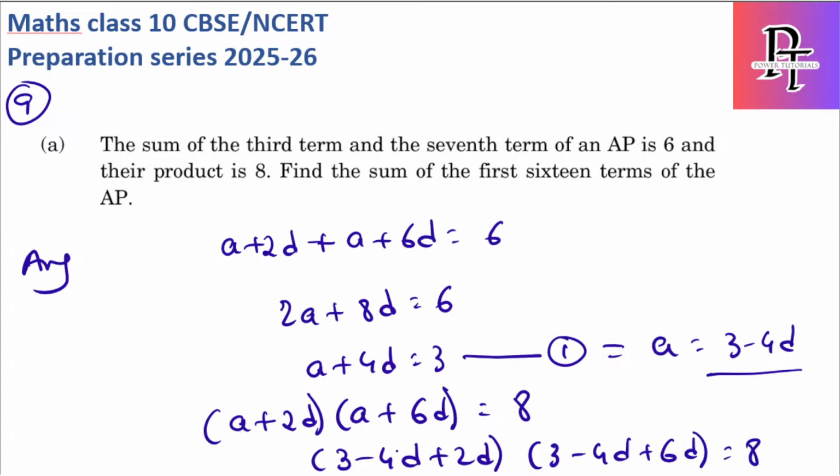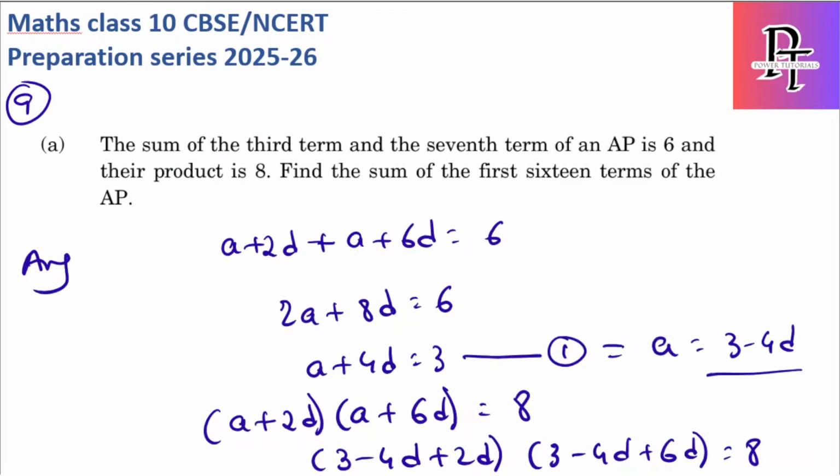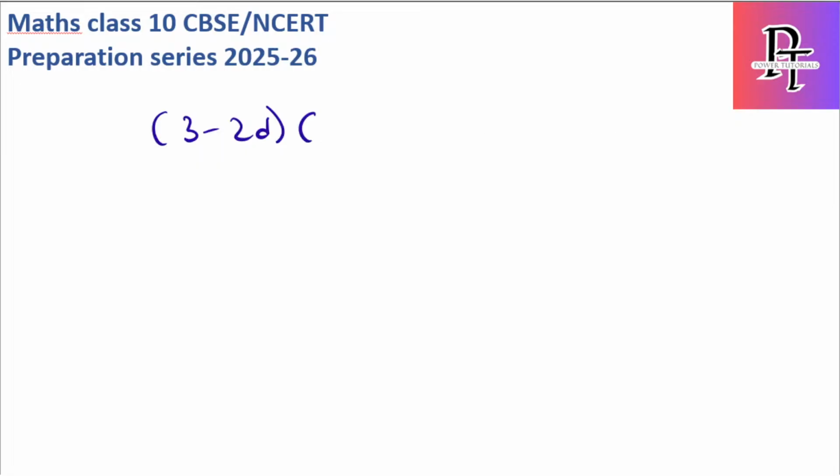So minus 4d plus 2d becomes minus 2d. So this becomes 3 minus 2d into 3 plus 2d is equal to 8, which is nothing but a plus b into a minus b. So this becomes 3 square is 9 minus 2d square is 4d square.